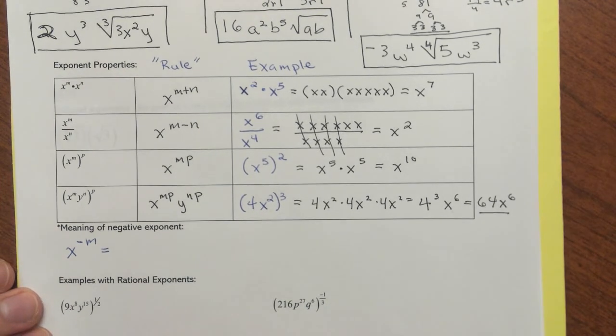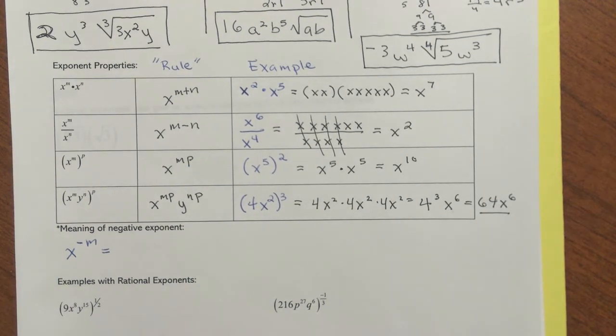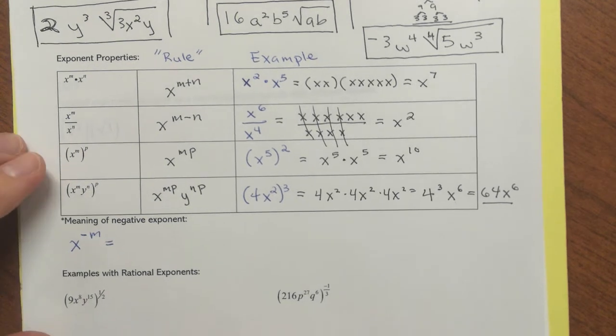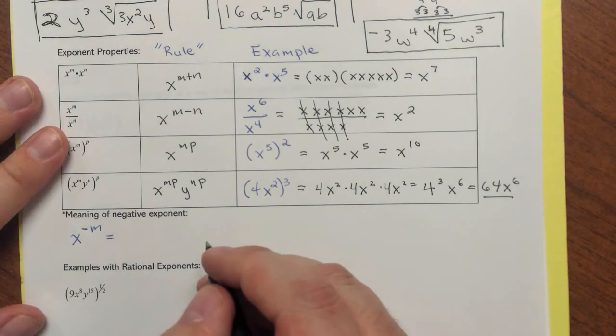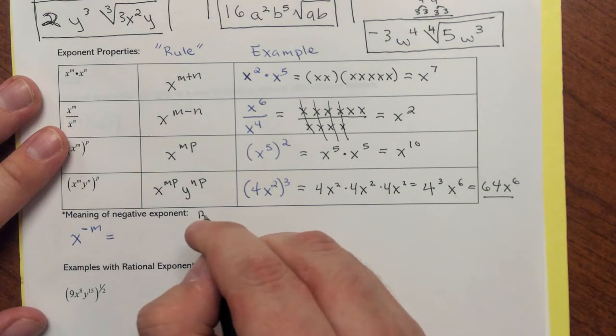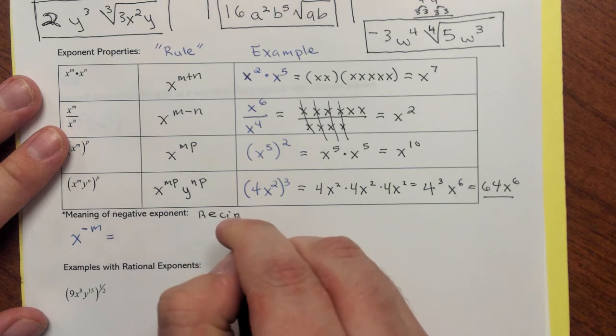There are 2 other exponent properties you needed to know, and that is if you raise something to the 0 power, it is always 1, unless you're taking a power of 0. 0 to the 0 is undefined. But the more important thing that we need to know right now is what does a negative exponent mean? And hopefully you recall that what a negative exponent means is a multiplicative inverse, or rather a reciprocal.